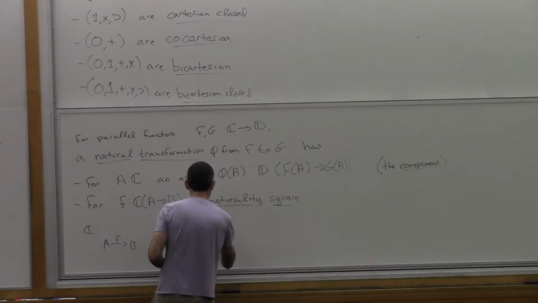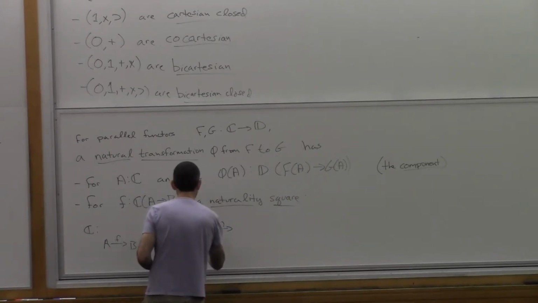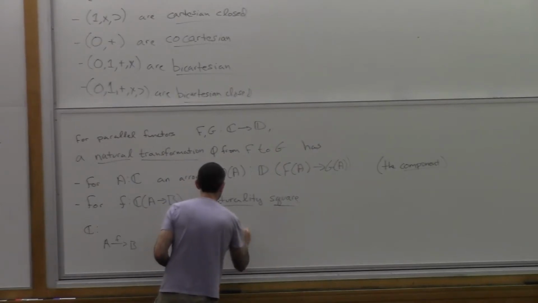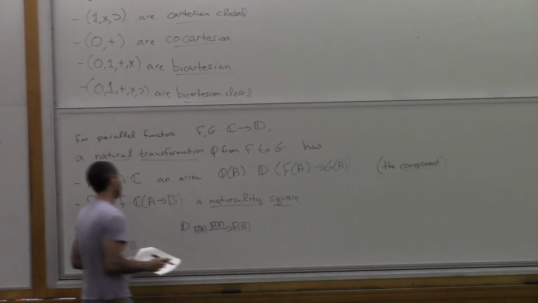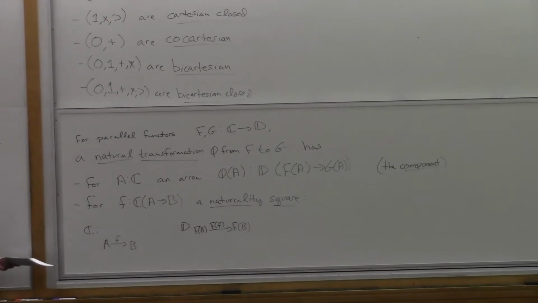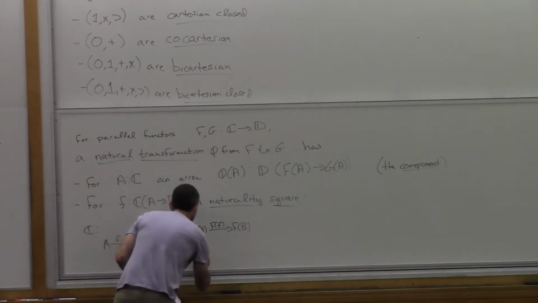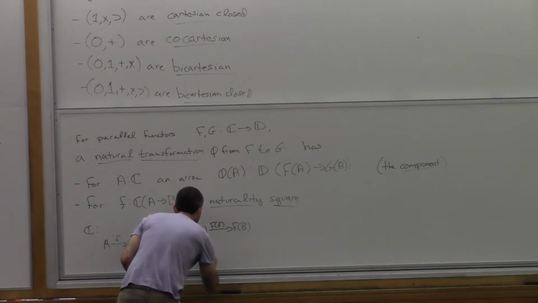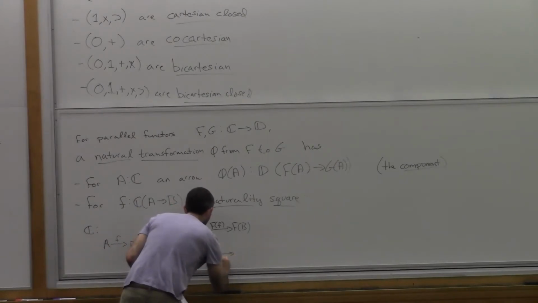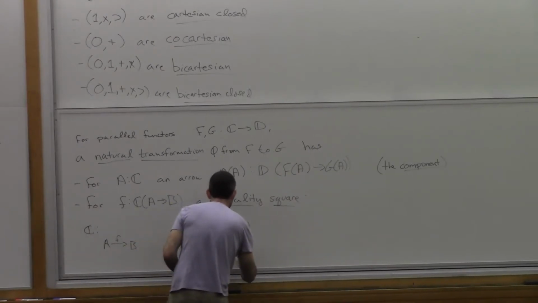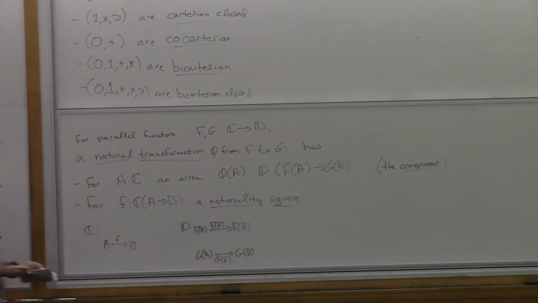So that's F of the arrow, which is going from F of the domain to F of the codomain. But we also have another functor, G. So there's the G image of this arrow, going from the G image of the domain to the G image of the codomain.